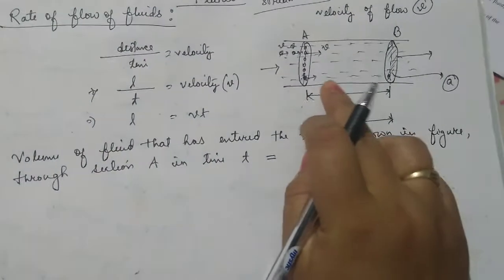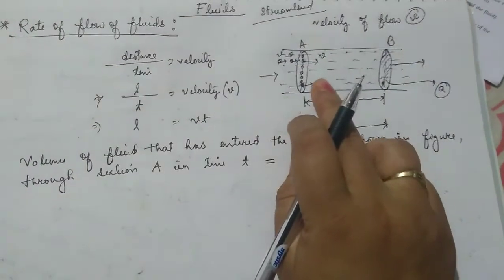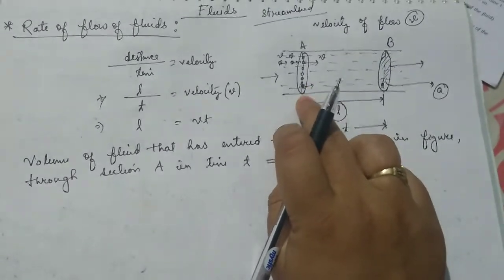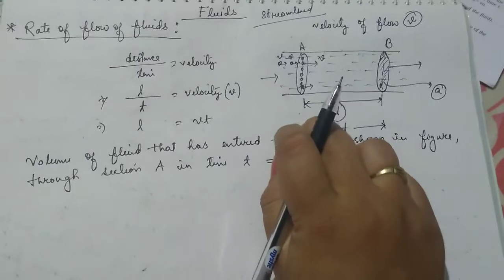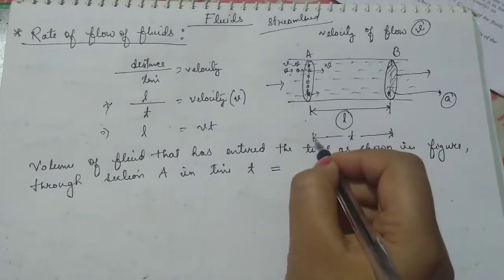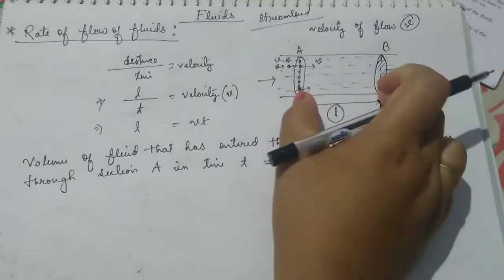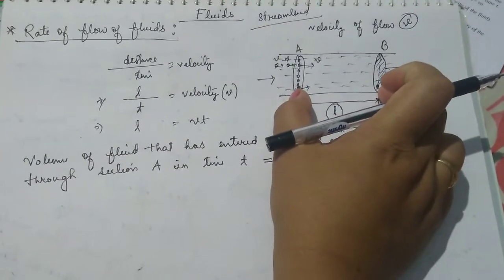What is my question? What is the volume of liquid or fluid that has entered this tube through section A in time t? In time t, how much can it travel? This much only. That means in time t it will cover up to this. So this is the volume of water that has entered, isn't it?